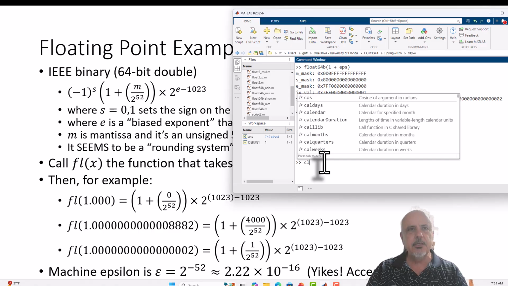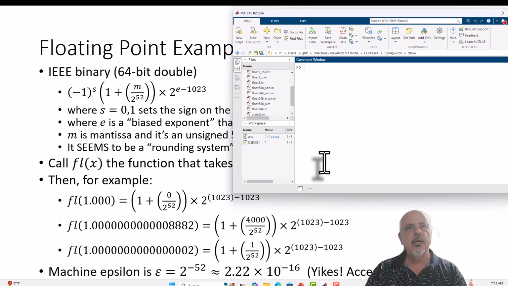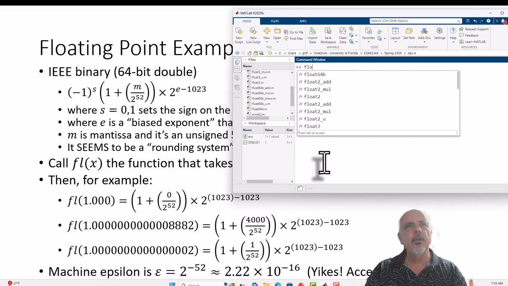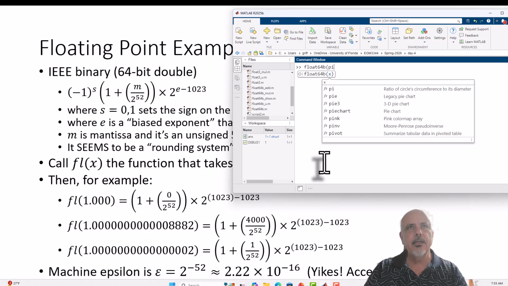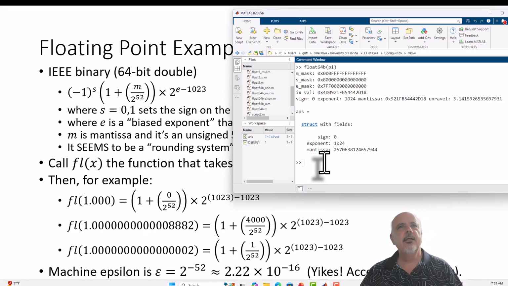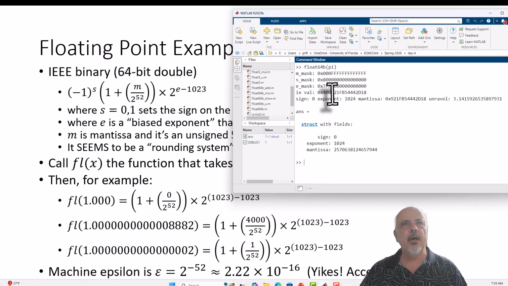Okay, so that's interesting. Let's do something a little more interesting as well. Float64b. Let me do pi. See what that looks like. It's always fun to do pi. All right, so you see pi. We've got a lot of mantissa stuff here. So you use the mantissa mask in order to pull off that value there.